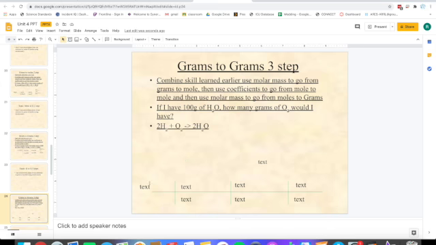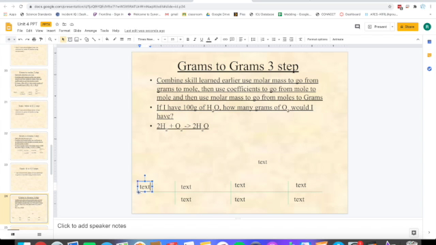So here, we always put what they give us. So in this case, if I have 100 grams of H2O, 100 grams of H2O is what's going to go in this first box.